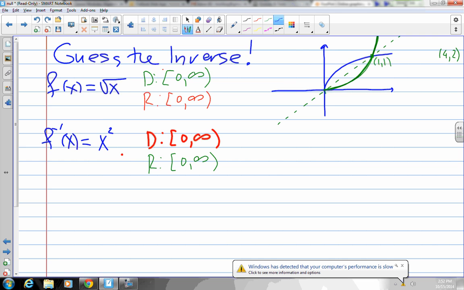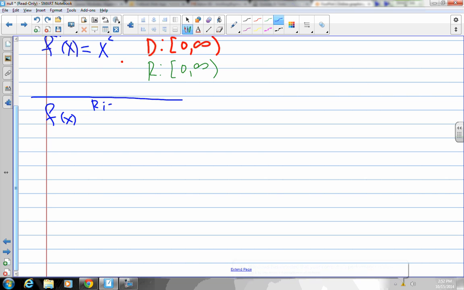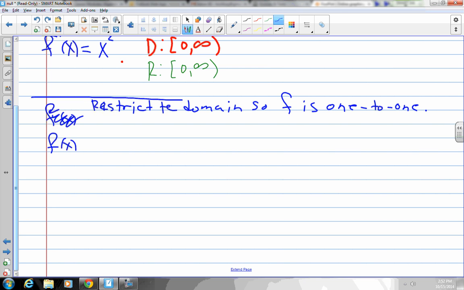Here's an example. You're going to like this. Restrict the domain. Let's say the function is f of x, and I'm going to do something friendly.